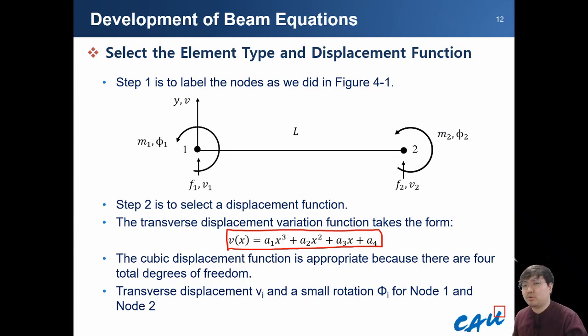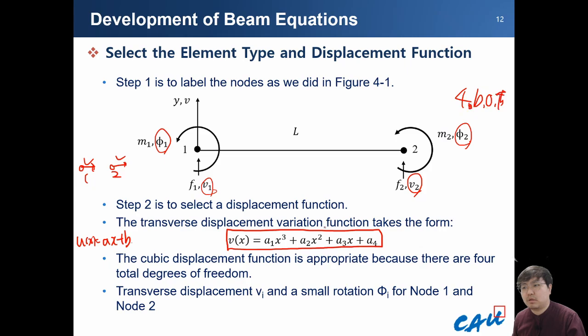The reason is that in the truss we chose the u displacement as a first order polynomial equation, because we only considered the displacement at each node point. We have two displacement values. However, here we have two displacements and two angle rotations, so that we have 4 degrees of freedom.